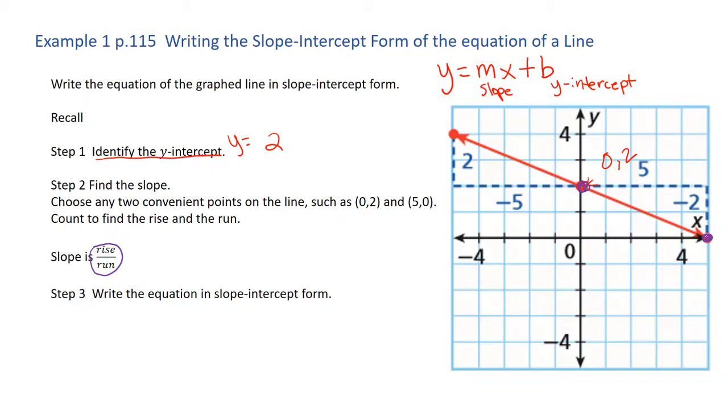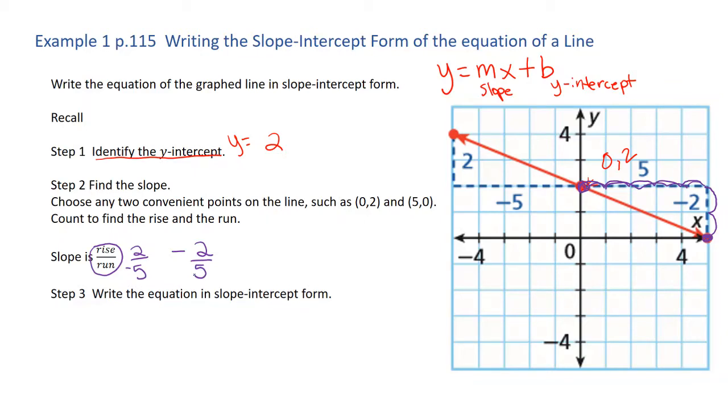So our y changes 1, 2, and it goes to the left 1, 2, 3, 4, 5. So the rise is 2, and the run is negative 5. So our slope is negative 2 over 5.